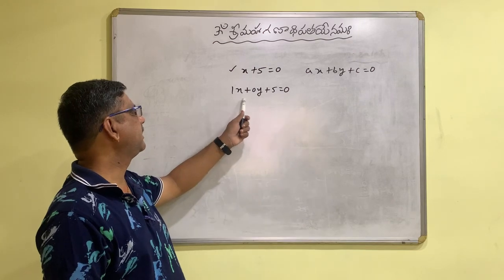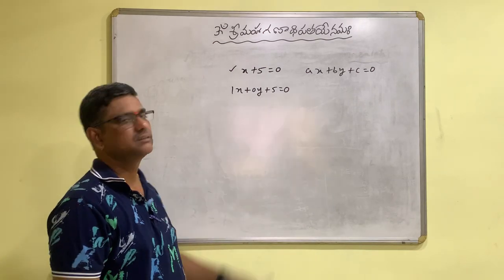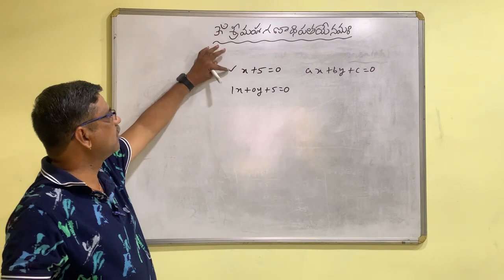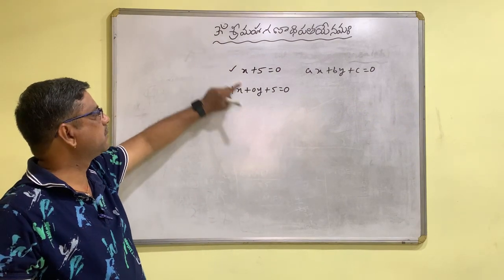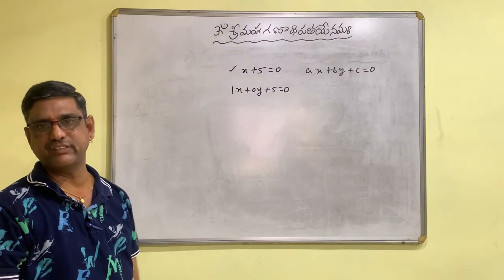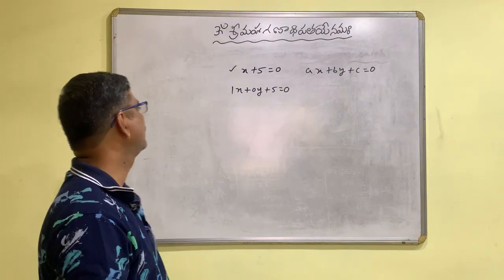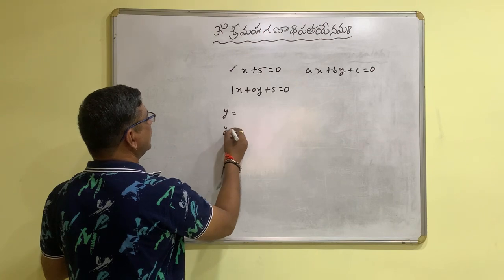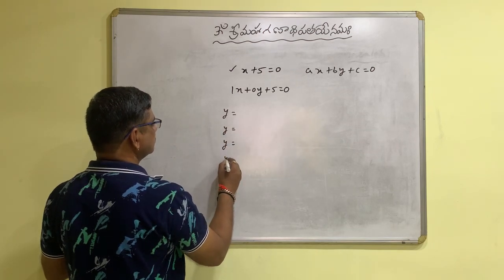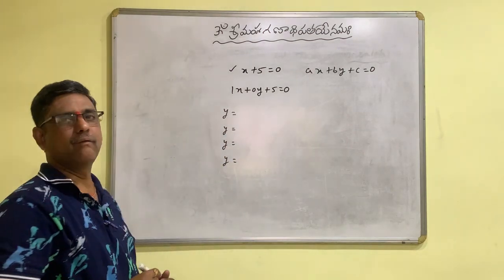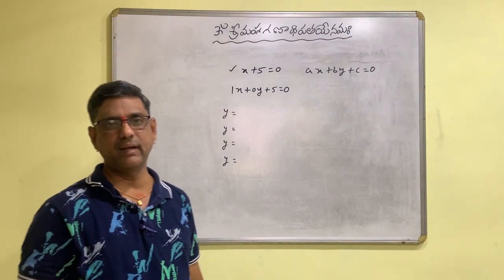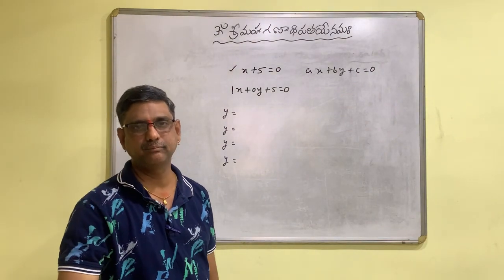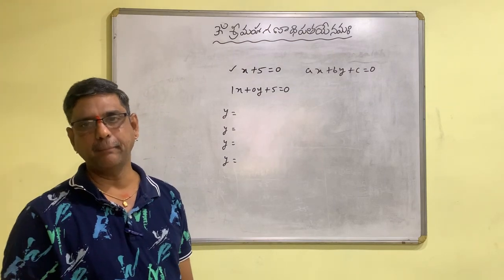But here we inserted 0y. So you need to give values for y only, not x. Give different values for y. Okay?